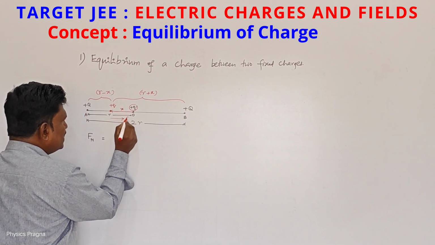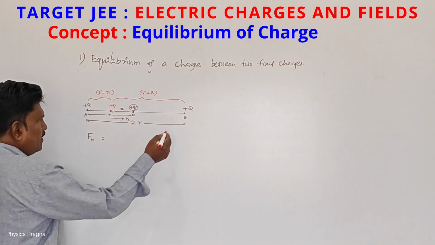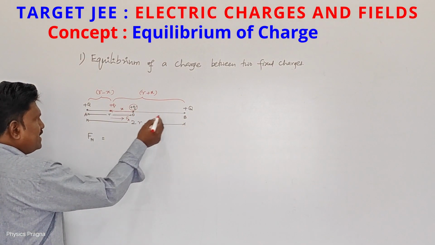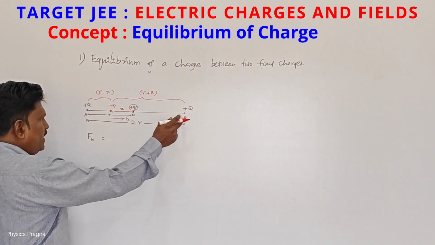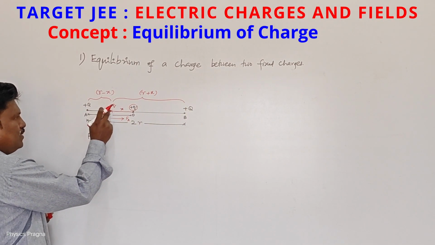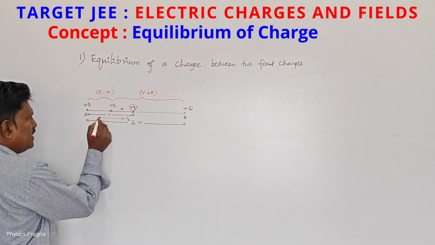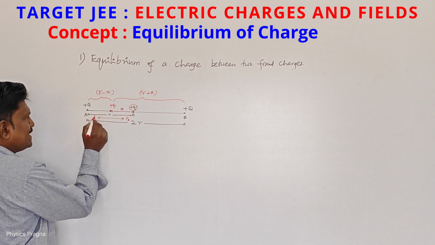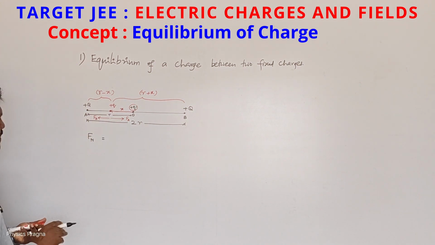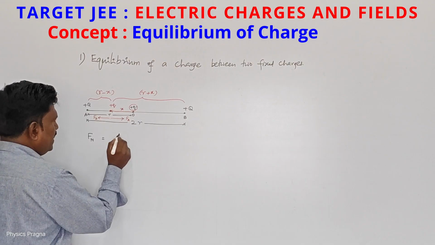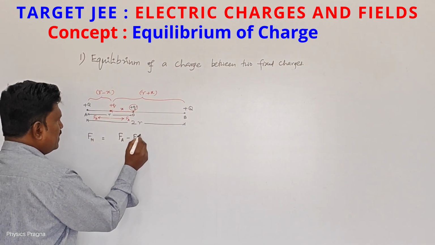This is the force due to the charge at A. B also repels, but the distance between the plus Q at B and small q is more, so the force value will be less. This is because of B. So I will subtract both of them, FA minus FB.